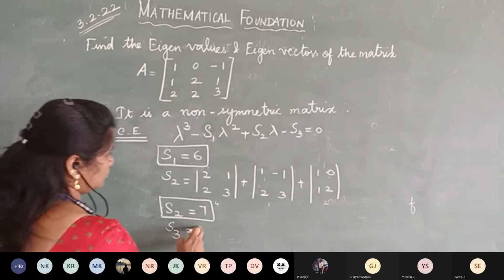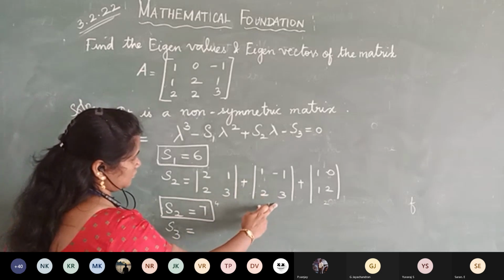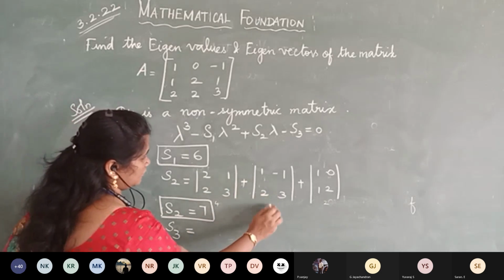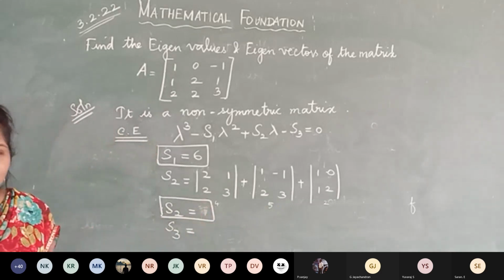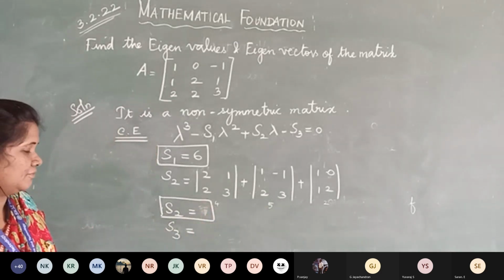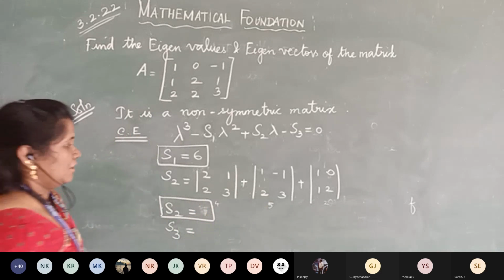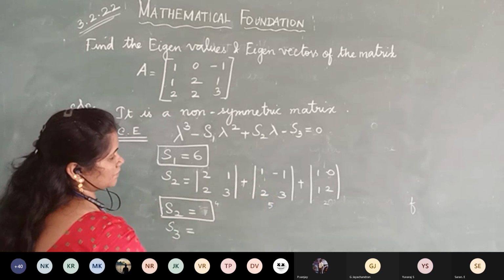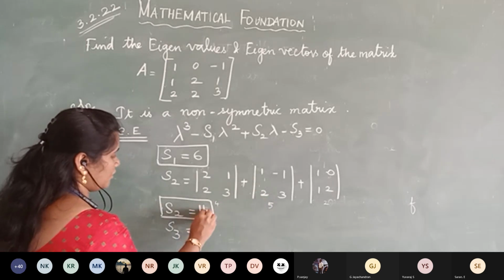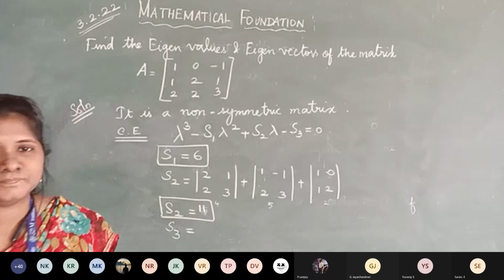What did you get for S2? Here it is 3 minus of minus, so it will become plus. Are you getting S2 to be 11?